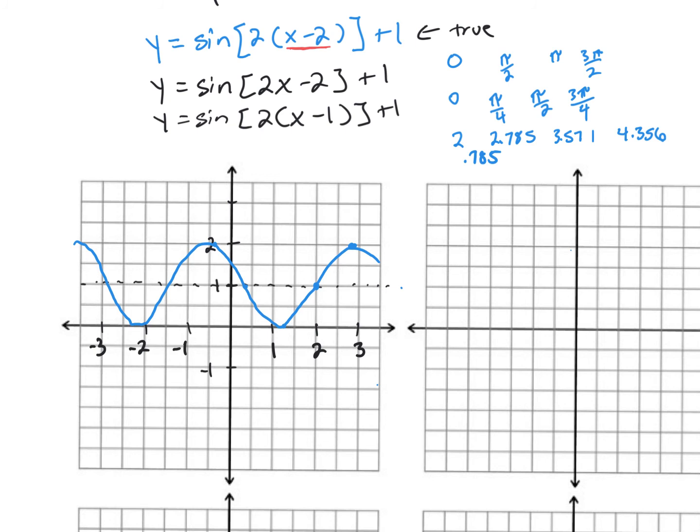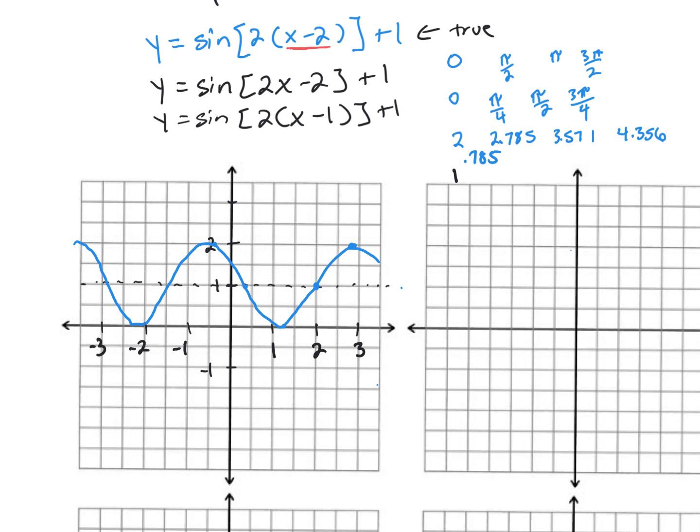Now, if I did that for the other one, the phase shift is going to be the same, but now the horizontal movement is just moving over to 1. So where originally the 0 is at 2, the 0 is now at 1. And since the phase shift is the same, we just add 0.785 to each one.